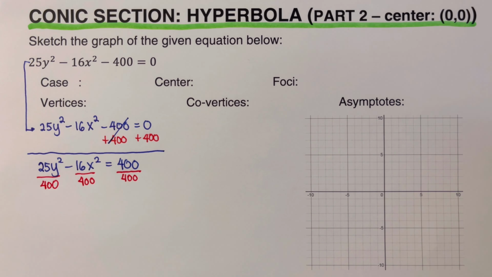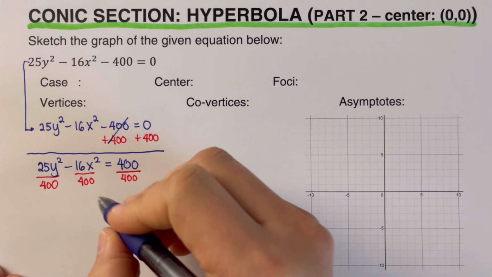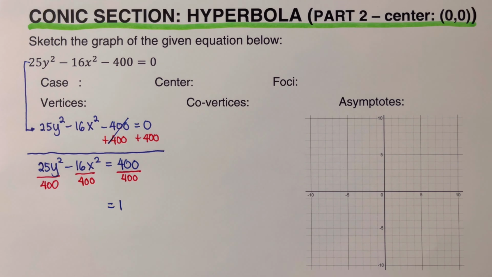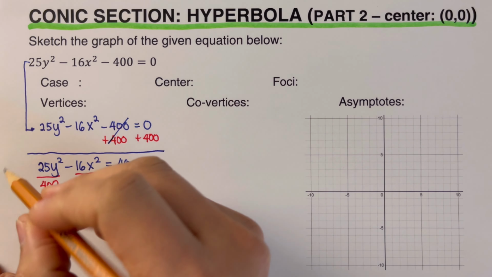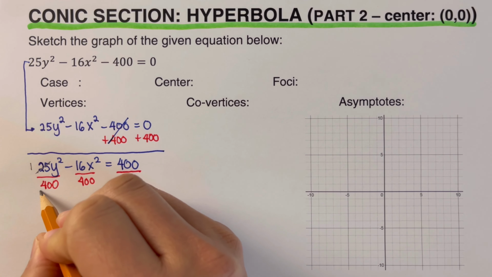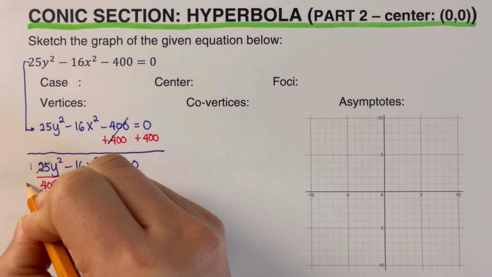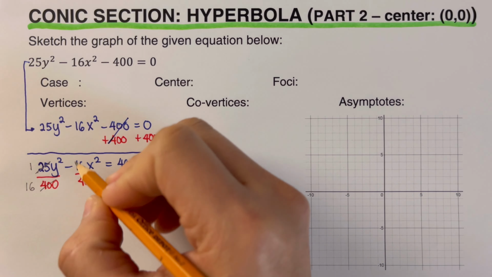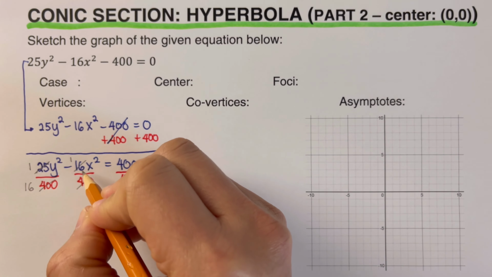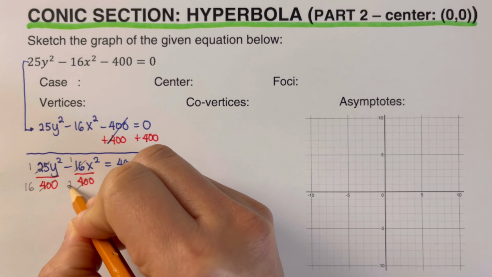Now we are going to reduce this to lowest terms. If we divide 400 by 400, that gives us 1. And to reduce the values that we have here, there's 1 25 in 25, and there are 16 25 in 400. And there's 1 16 in 16, and there are 25 16 in 400.